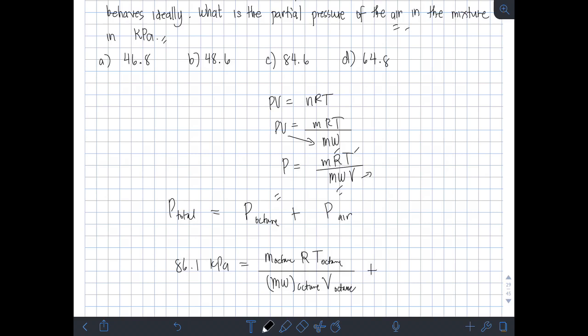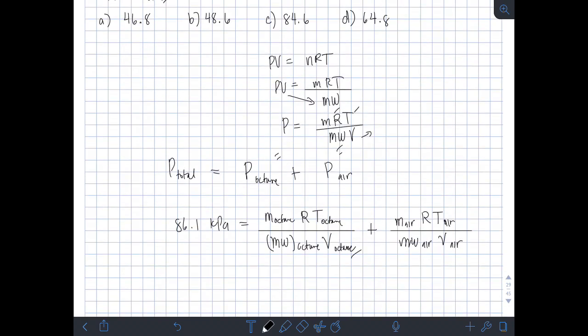Okay? Plus, yung pressure naman nung air, so mass nung air times universal gas constant R, temperature nung air divided by molecular weight nung air, then volume nung air. So, ano nitong volume? Pareho dapat sila ng volume, right? So, gawin ko na lang variable V.